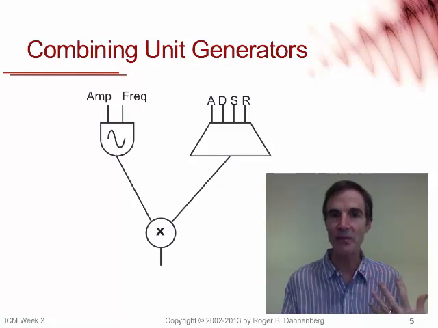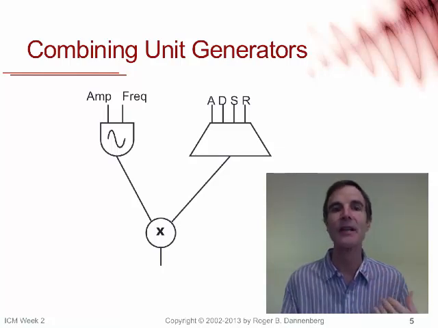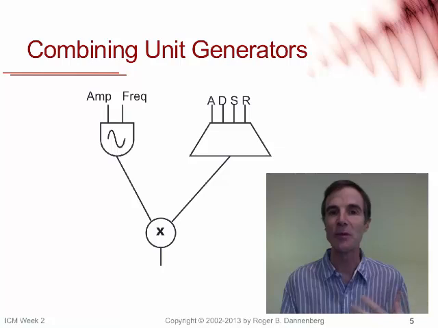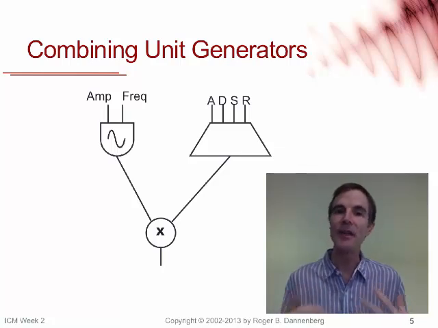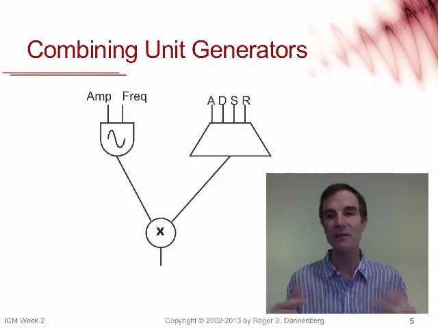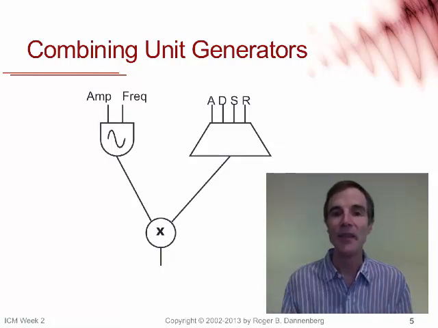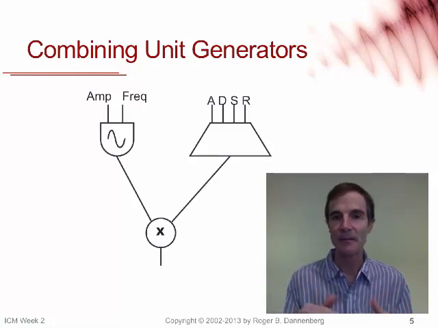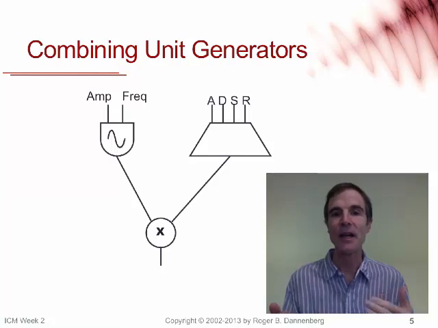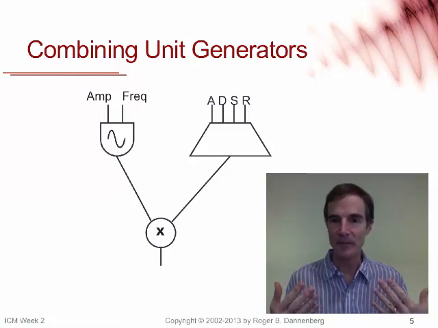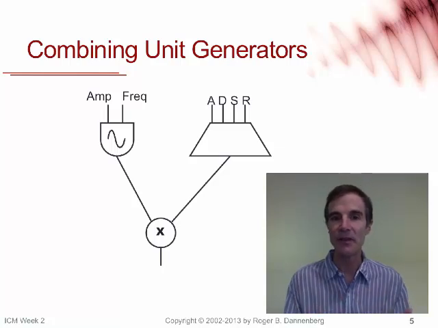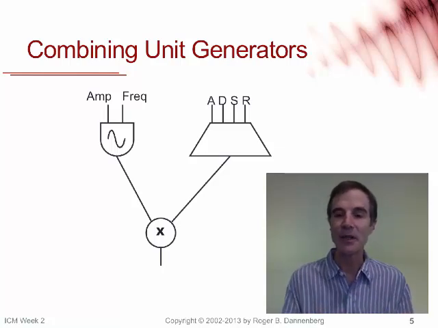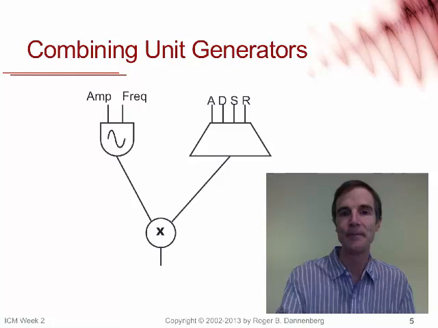We have a wavetable at the upper left, which has amplitude and frequency controls. We have an envelope to shape the amplitude of that oscillator output, and we do that by multiplying the two signals together. So now we have three unit generators that build a simple kind of synthesizer.